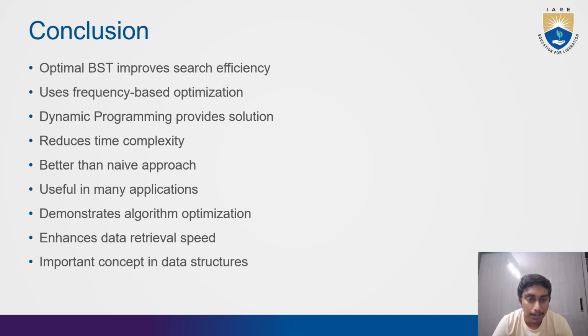Conclusion: optimal BST improves search efficiency, uses frequency-based optimization. Dynamic programming provides solution, reduces time complexity, better than naive approach, useful in many applications, demonstrates algorithm optimization, enhances data retrieval speed, important concept in data structures.